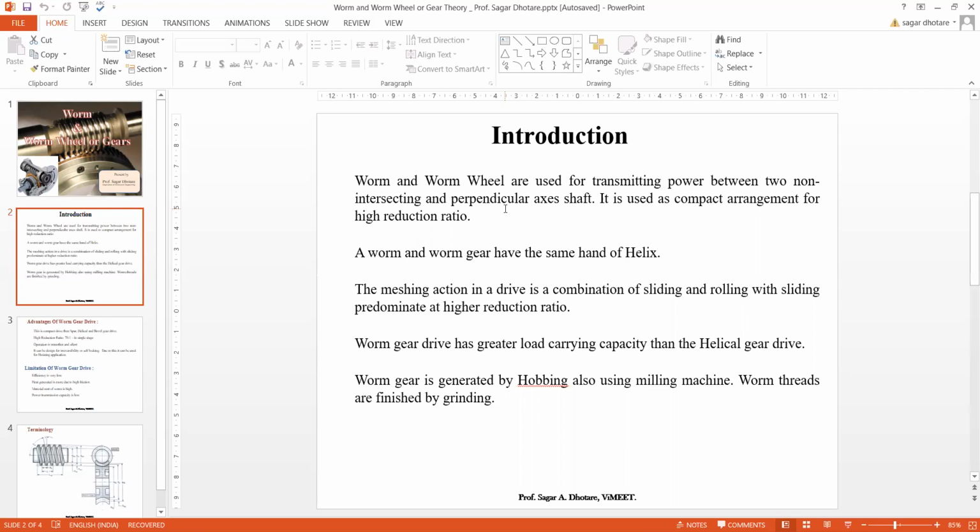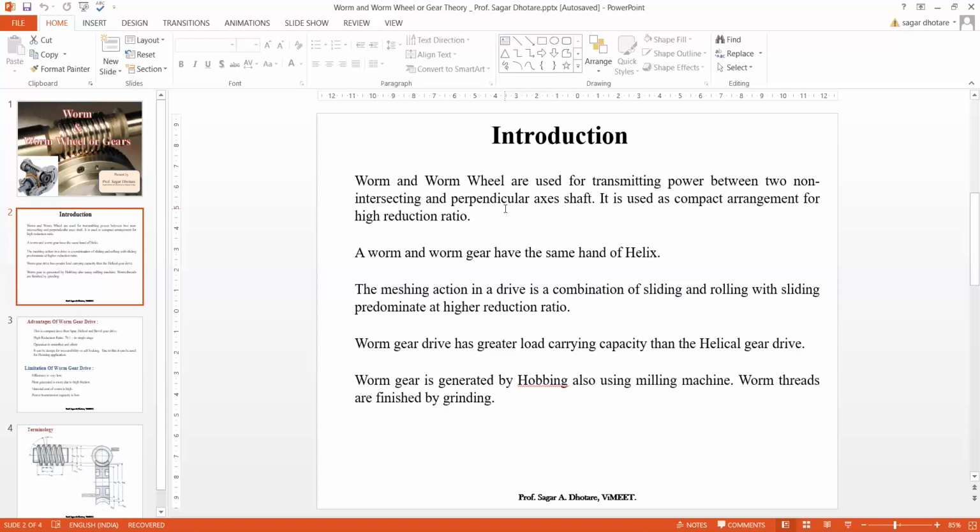The worm may be left-handed or right-handed and may be single start or multi-start. The worm gear is similar to a helical gear, except that the face is concave to envelop the worm. The worm and worm gear must have the same hand of helix while engaging.